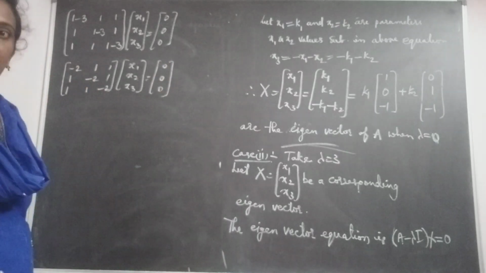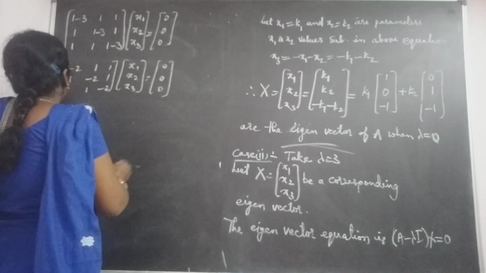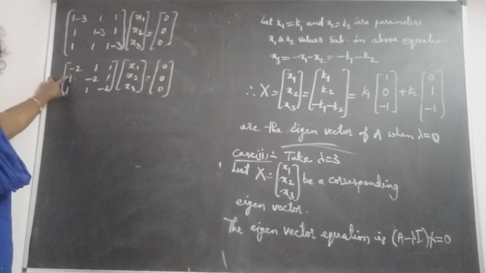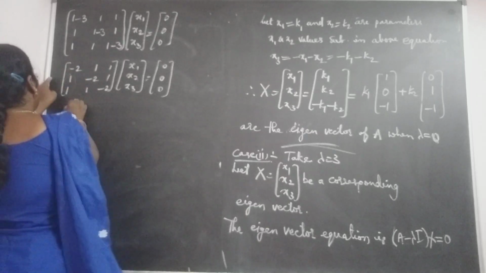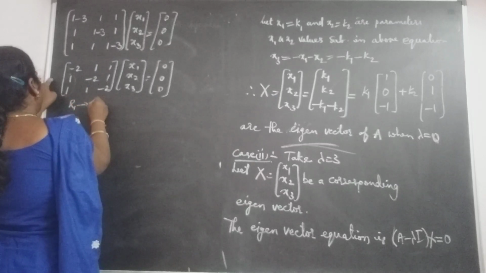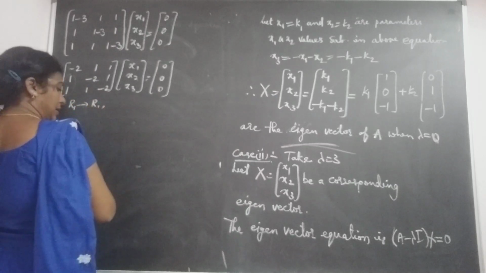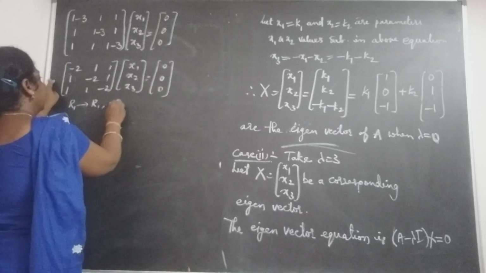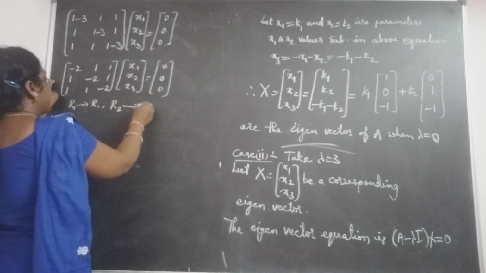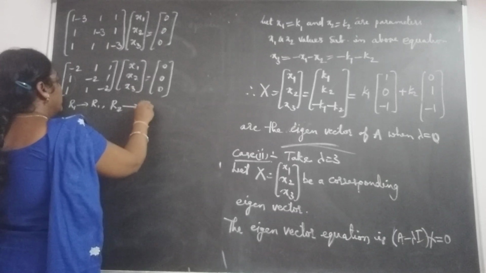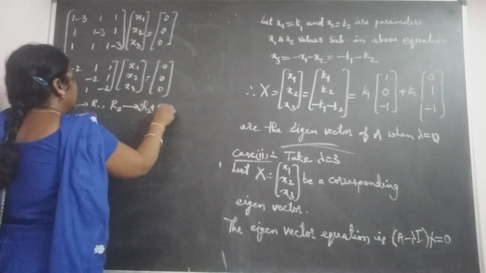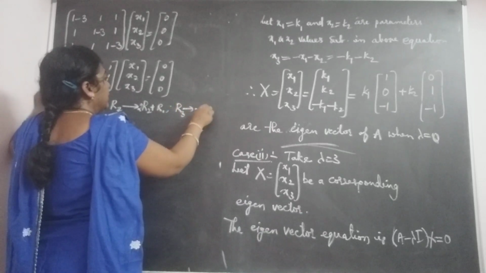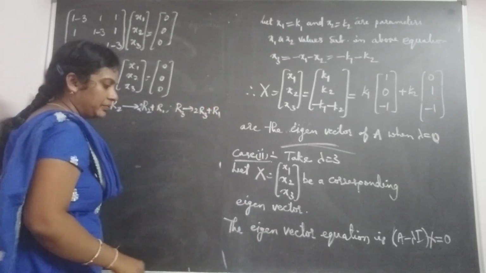By using row elementary operations, we can reduce it into echelon form. First, these two elements are reduced to 0. Okay. In this, R1 is R1 only, R2 is 2R2 plus R1, R3 is 2R3 plus R1.